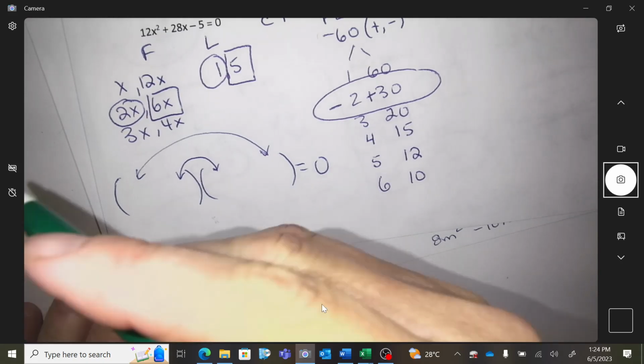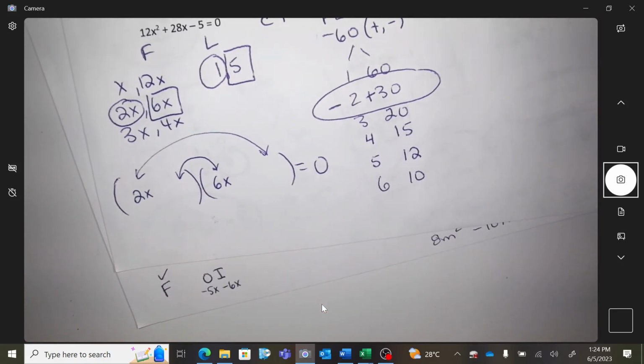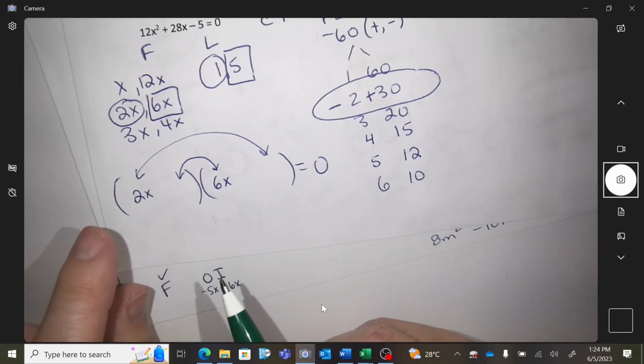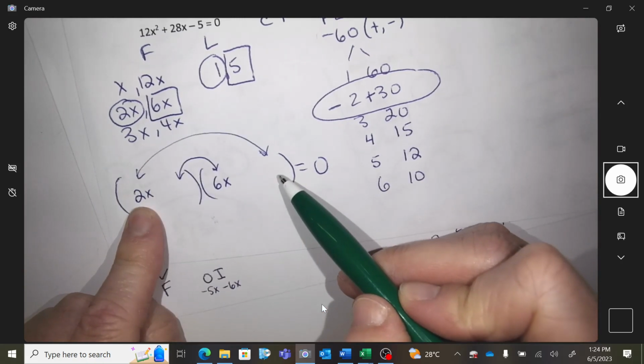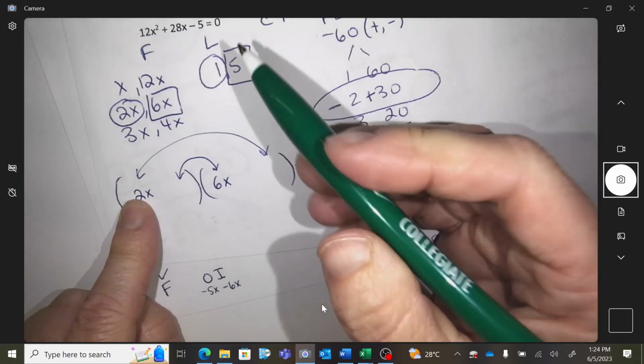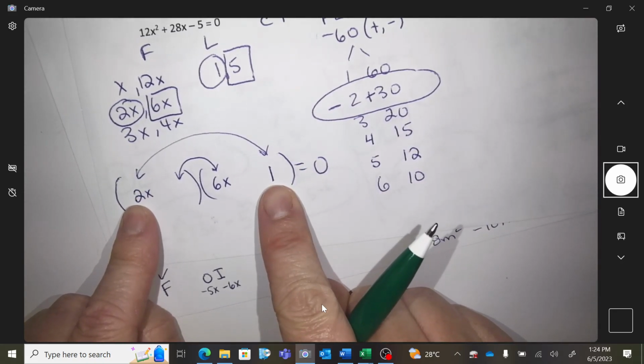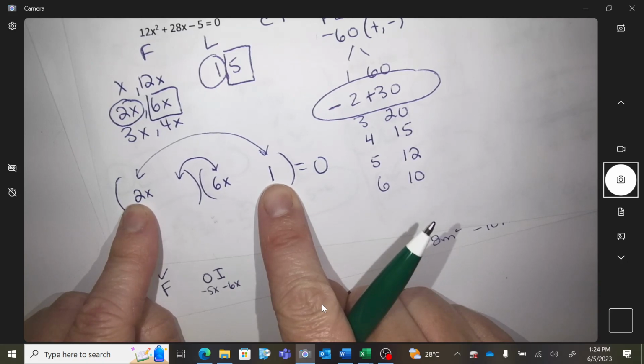So I'm going to write 2x and 6x because the first times the first of my foil, I'm already completed, 12x squared. Okay, so the outside is now a partnership. So the 2x is with a 1, and I said I wanted that to be negative 2x.